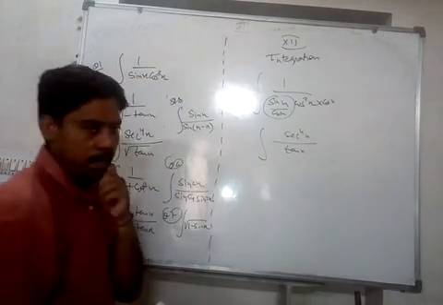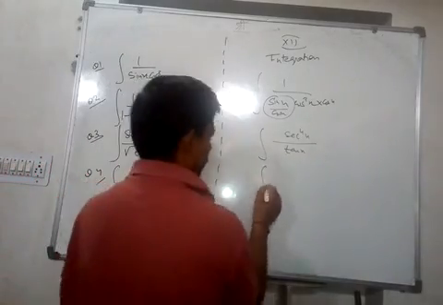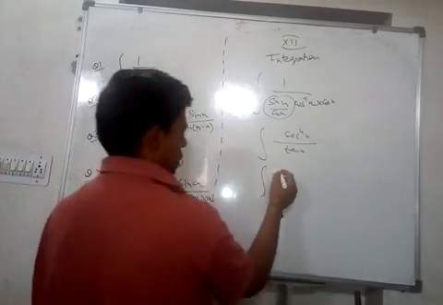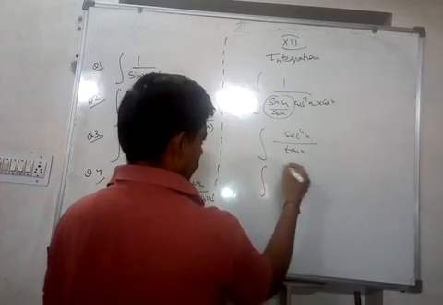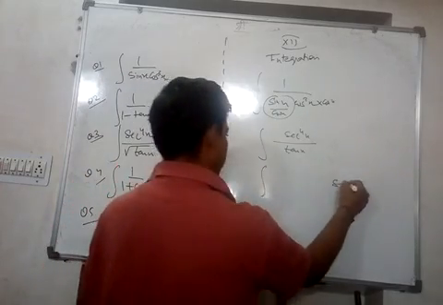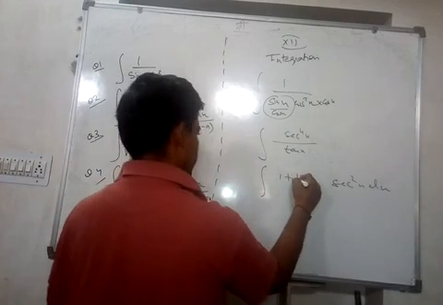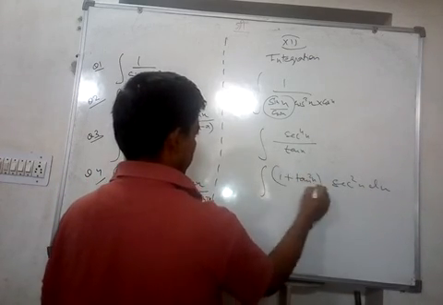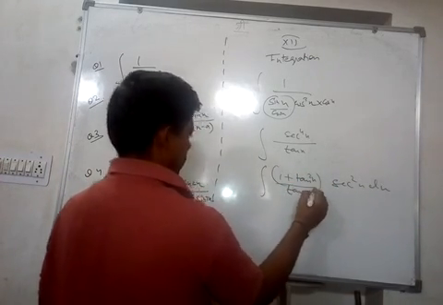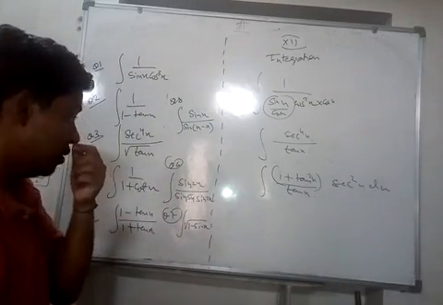Now, of course, we can convert this into 1 plus tan square x whole square, that is, one sec square x can be taken as dt, another sec square x can be written as 1 plus tan square x upon tan x.